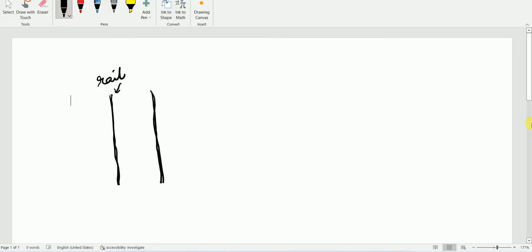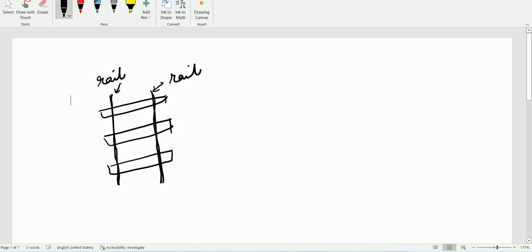Here it may be fastened by another iron plate or by a wooden plank. And this is a rail and this is another rail, and the distance between the two rails is known as gauge.